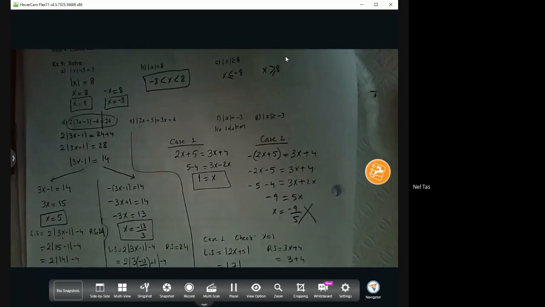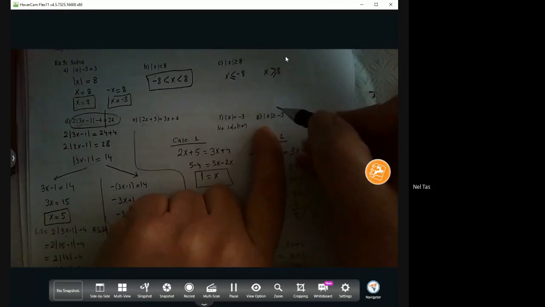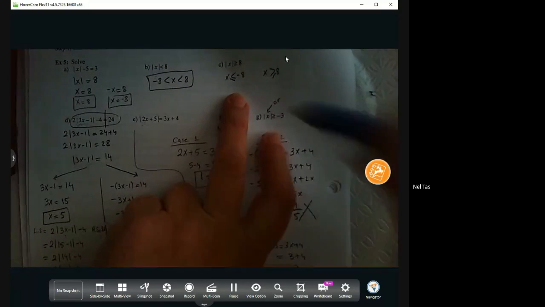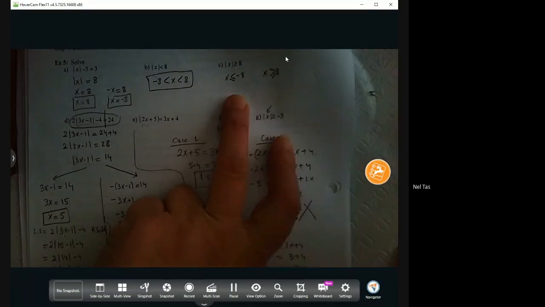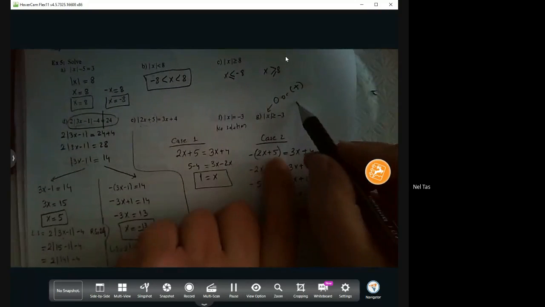G, absolute value of x greater than or equal to negative 3. Again, when you take the absolute value of any number, you always get 0 or any positive number.